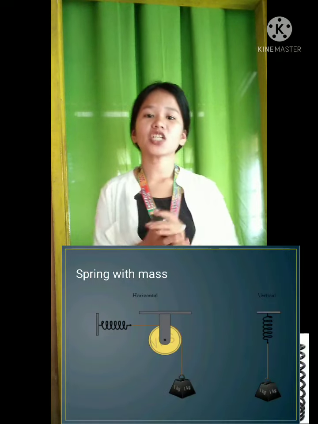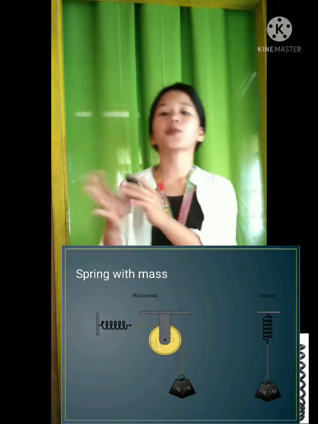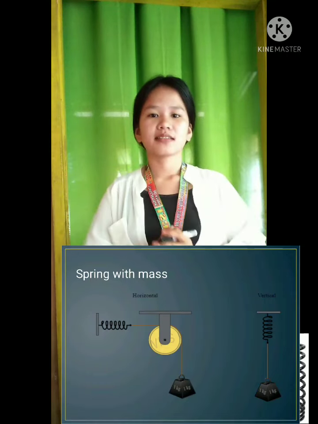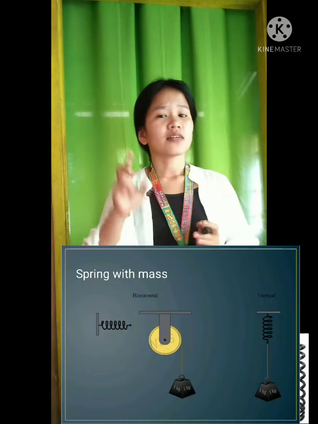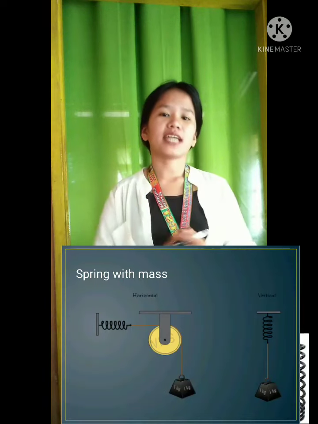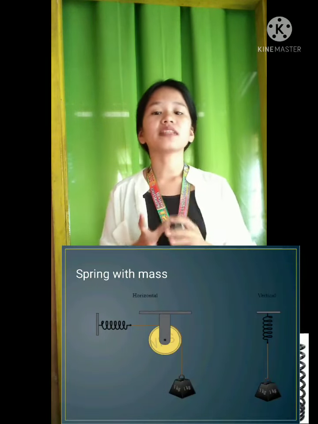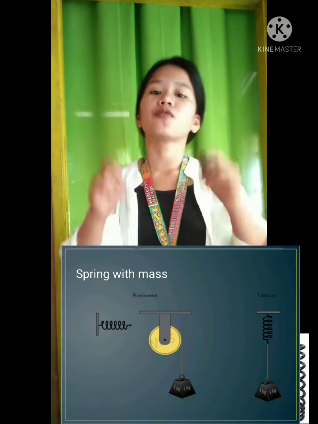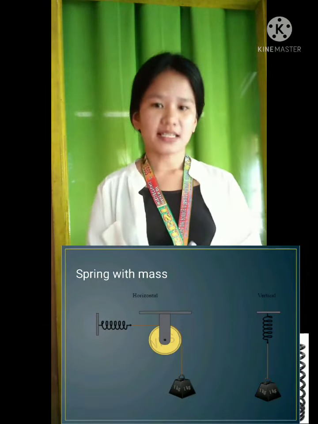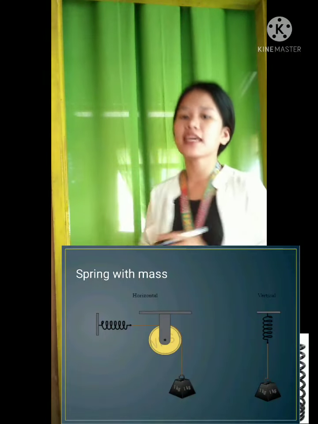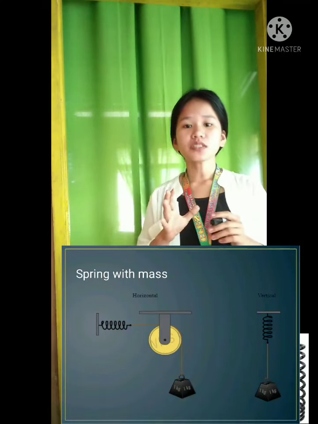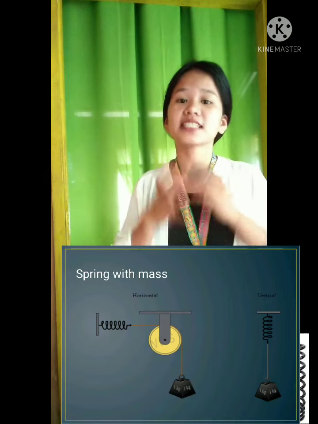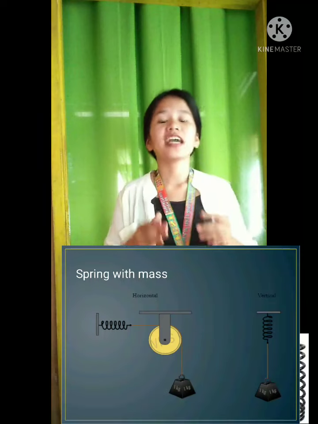The complication here is that the spring has a mass. In the vertical case, the force of gravity acts on the spring in the same direction, the force due to the mass, so the mass of the spring adds to the weight that the spring is supporting.